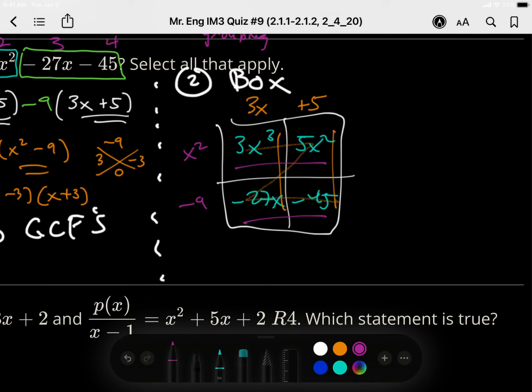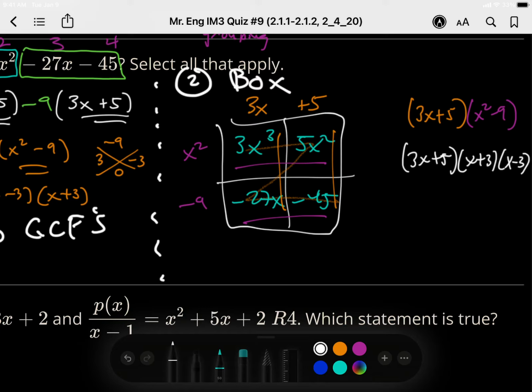So essentially, you would get a 3x plus 5 and an x squared minus 9. And then you get 3x plus 5, x plus 3, x minus 3. And that would be the same answer as the other one above.